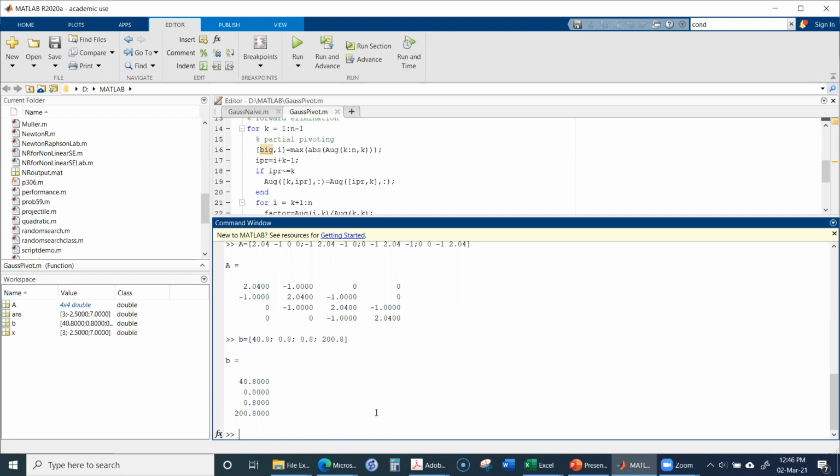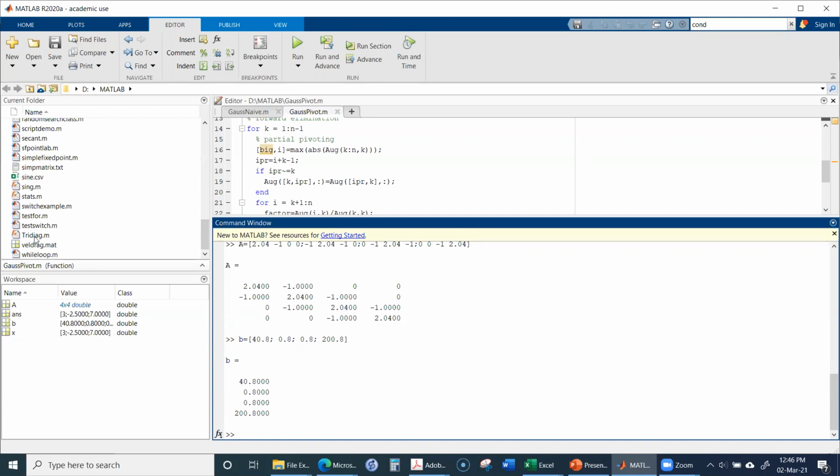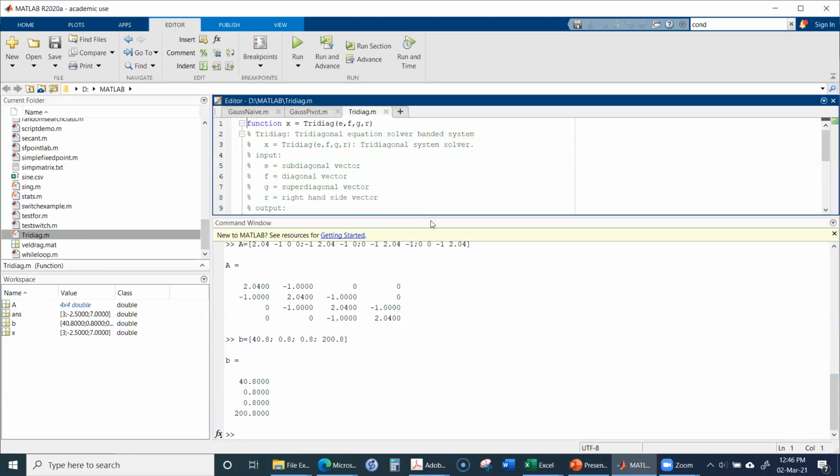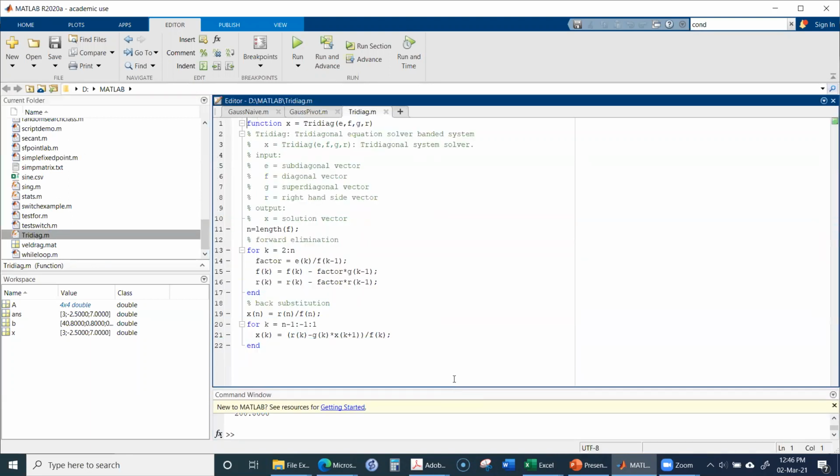Of course, it's very easy to find the solution: X is equal to A backslash B. But just to illustrate the tridiagonal system, I have this tridiagonal script. It is function X = tridiag(E, F, G, R), which takes 4 arguments.